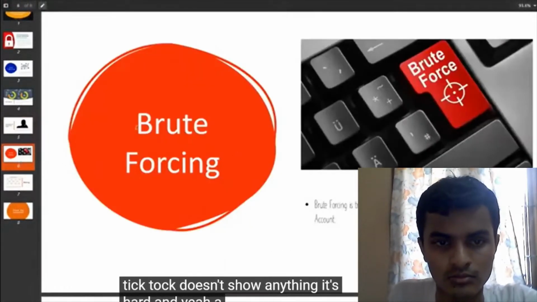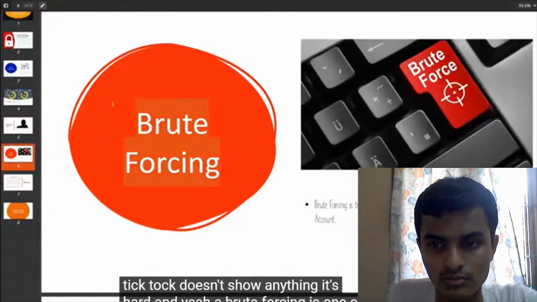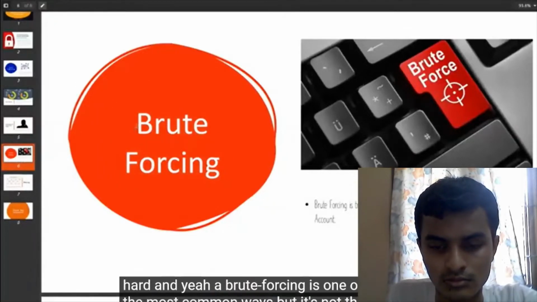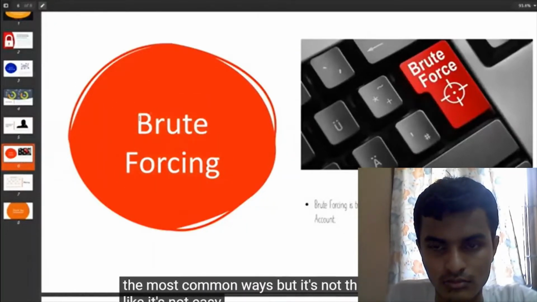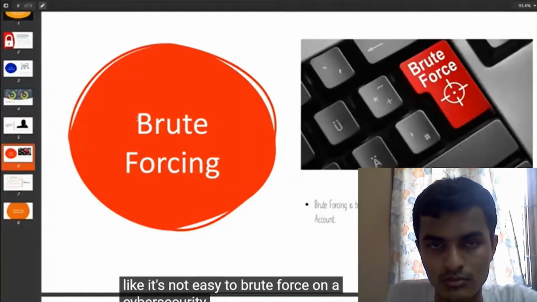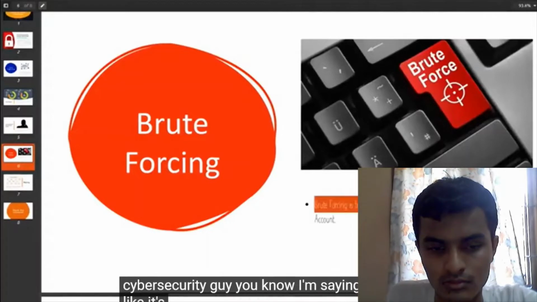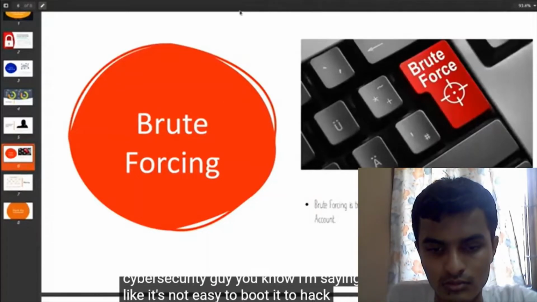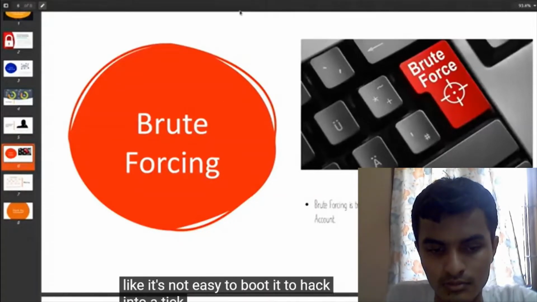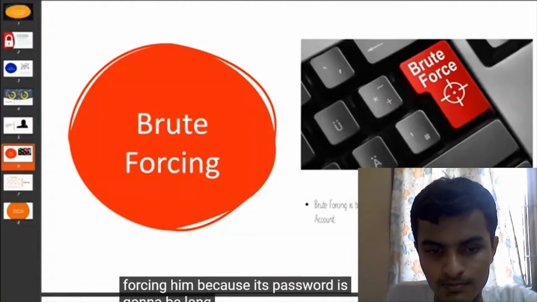And yeah, brute forcing is one of the most common ways, but it's not easy to brute force a cybersecurity guy. You know what I'm saying? It's not easy to hack into a tech guy on Twitter by just brute forcing him, because his password's gonna be long.